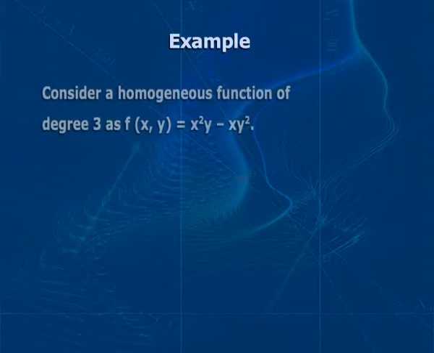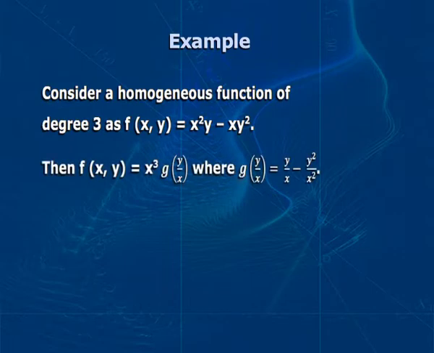Example: consider a homogeneous function of degree 3, f(x, y) = x²y − xy². Then f(x, y) = x³ g(y/x), where g(y/x) = y/x − y²/x².